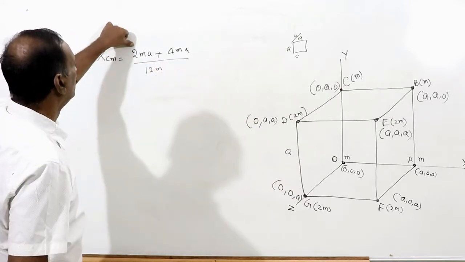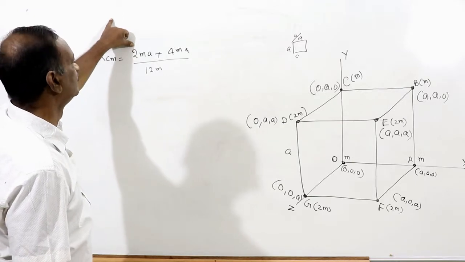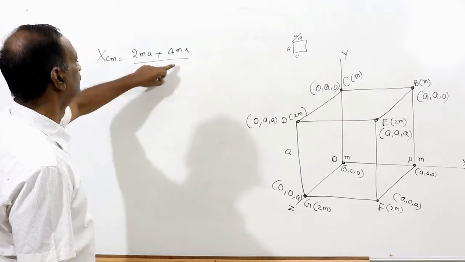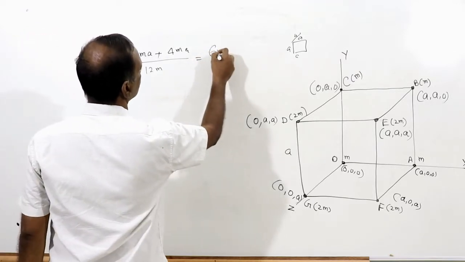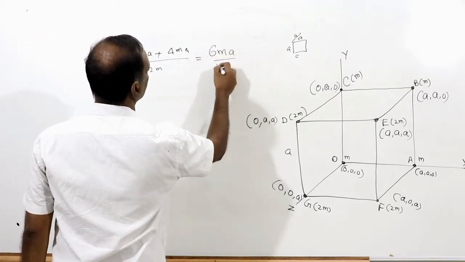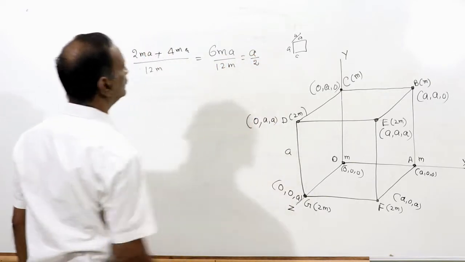So this is equal to 6 MA by 12 M, which is A by 2.